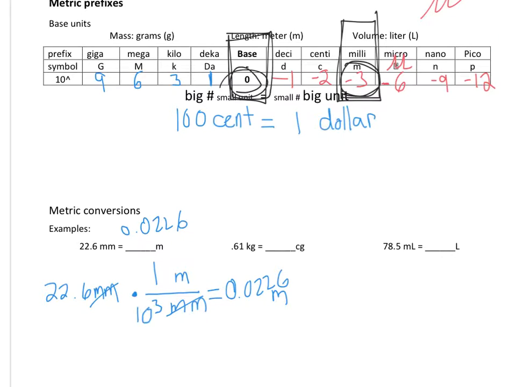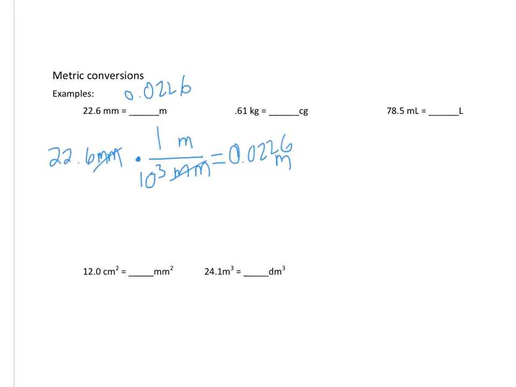The next one that I'll try is 0.61 kilograms. I want to convert that to centigrams. The first step I do is write down what I have: 0.61 kilograms. Then I start a conversion factor. On the bottom, I want the same units that I have here so they can cancel, so I'm going to put kilograms.